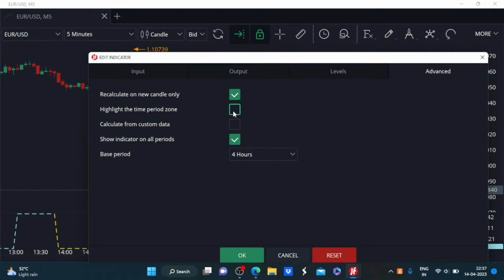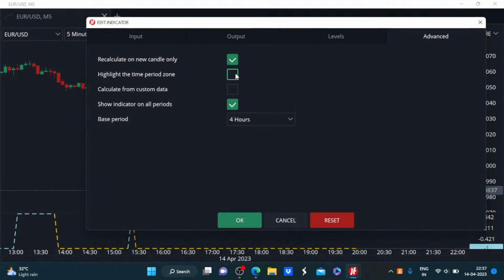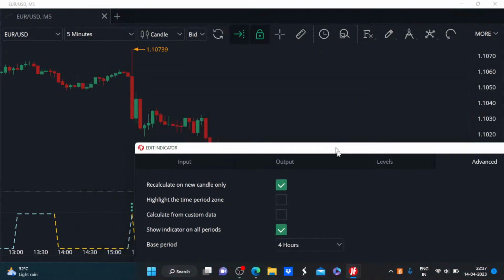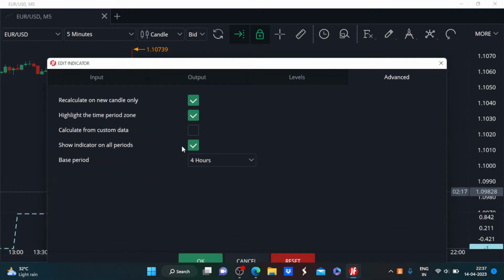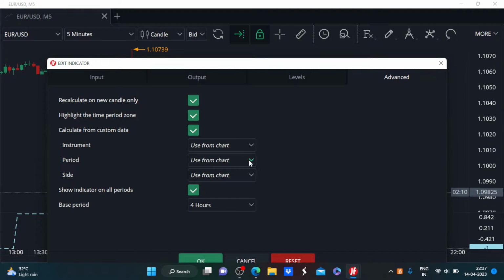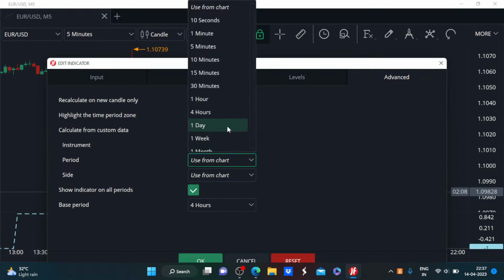Highlight the time period zone, you can highlight the time period wherever you feel this indicator is being used. You can go for this option as well. Calculate from custom data, you can customize this indicator's calculation regardless of what is the chart's candle period. You can go for a separate calculation candle period.